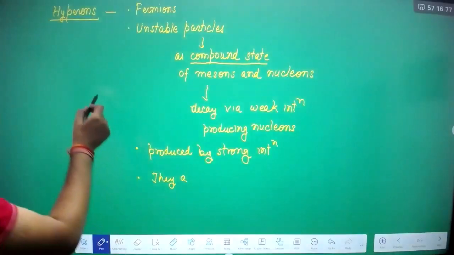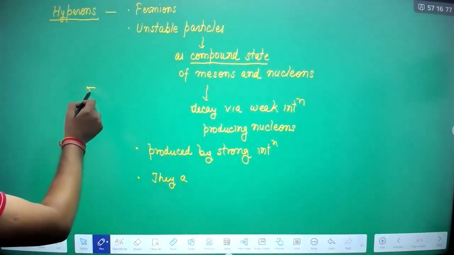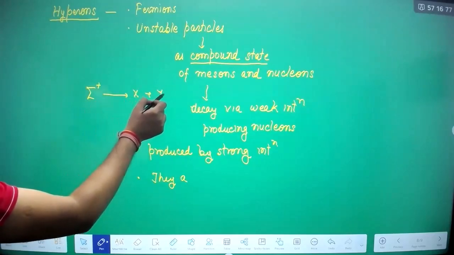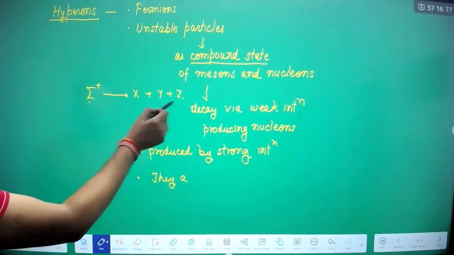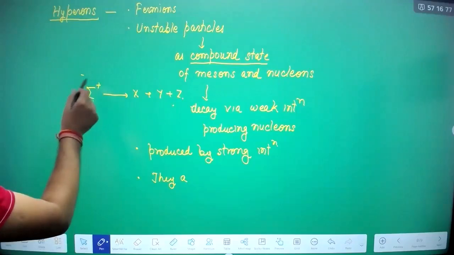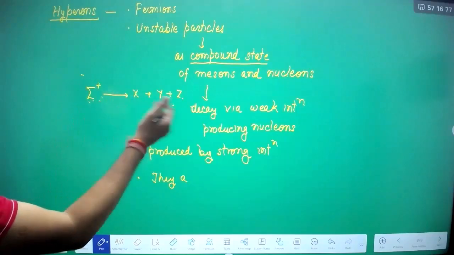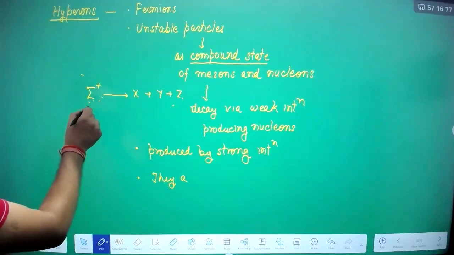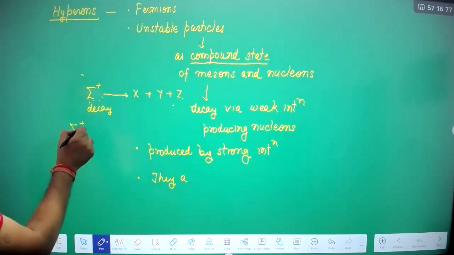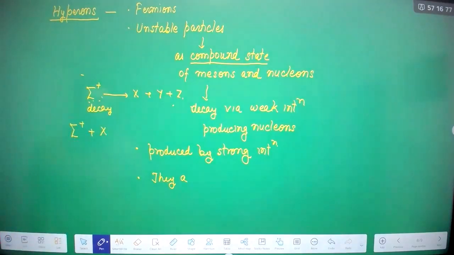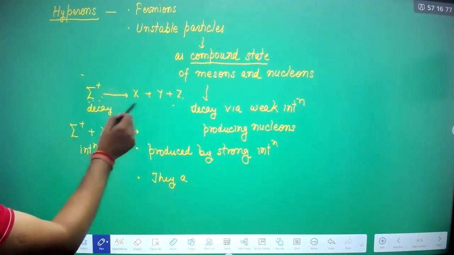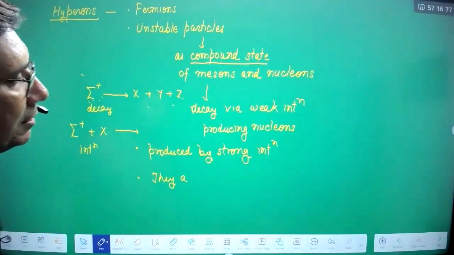Decay means, if you have sigma plus, it is giving rise to x plus y plus z. This is called decay. You can write as a short note somewhere: when a single particle is converting into others, it's not interaction, it is decay. Interaction is like this: if the sigma plus is interacting with some particle, this is called interaction. So when decay is taking place, that decay will be via weak interaction.